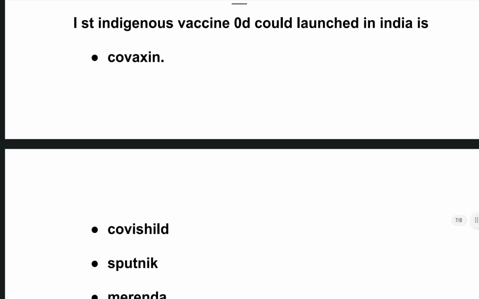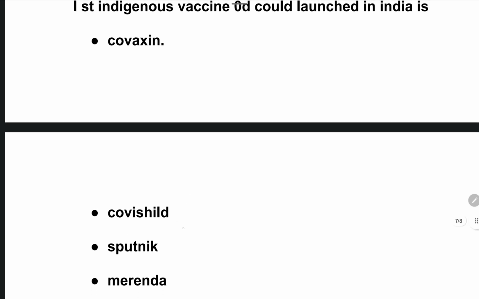The next one is the first indigenous vaccine launched in India. Options are Covaxin, Covishield, Sputnik and Moderna.